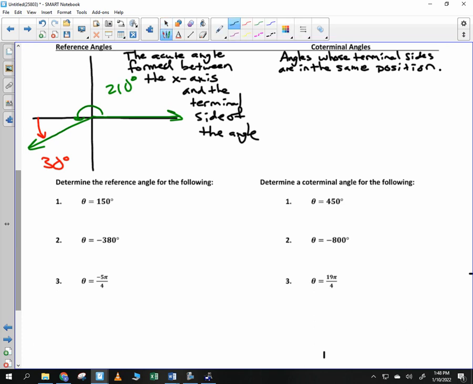Theta is 150 degrees. So if I sketch this angle, which quadrant does this place me in? Second quadrant. About like that? So this is 150 degrees. What I'm wondering is the angle formed right here between the x-axis and the terminal side.